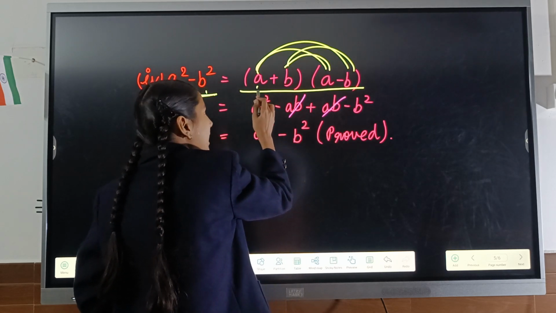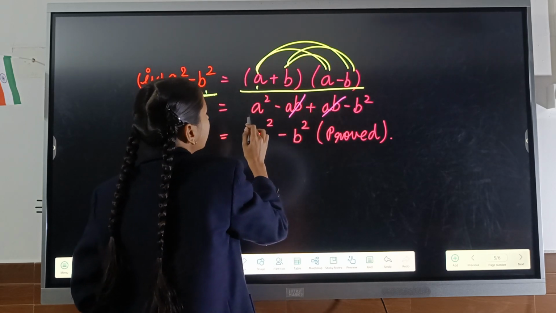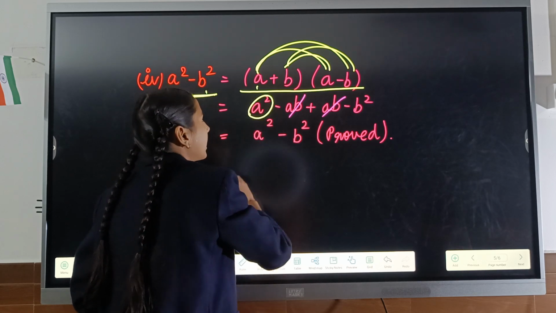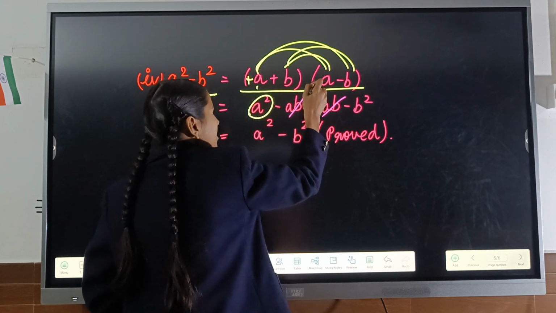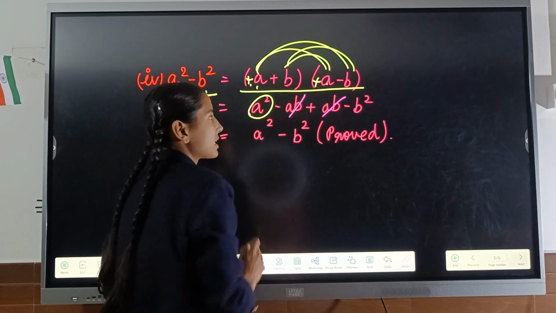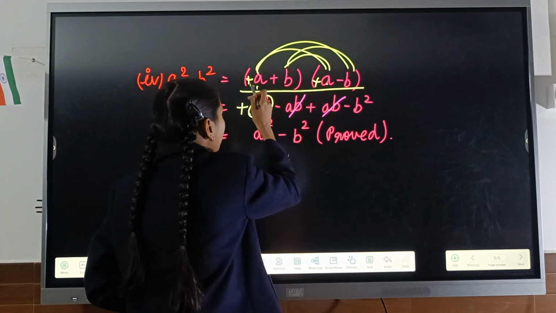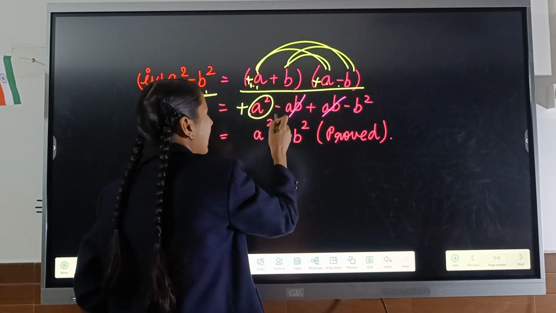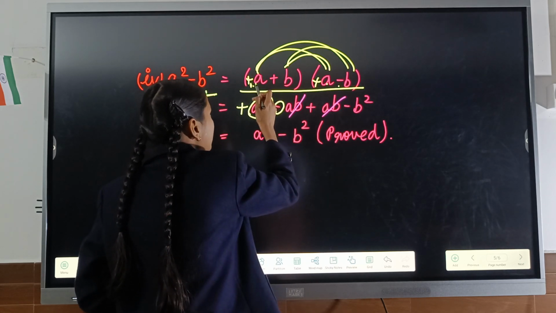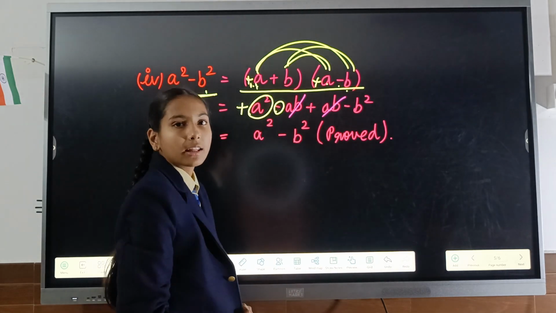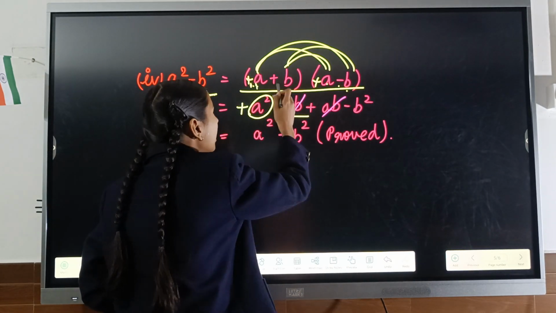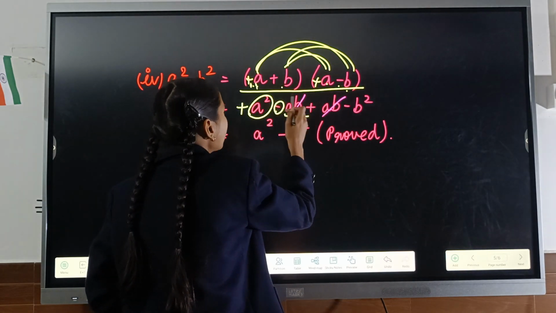when we multiply a into a, we get a square. Here is plus sign, here is also plus sign. When we multiply plus into plus, we will get plus, and when we multiply plus into minus, we get the minus sign, and when we multiply a into b, the result is ab. Here is also the same thing.